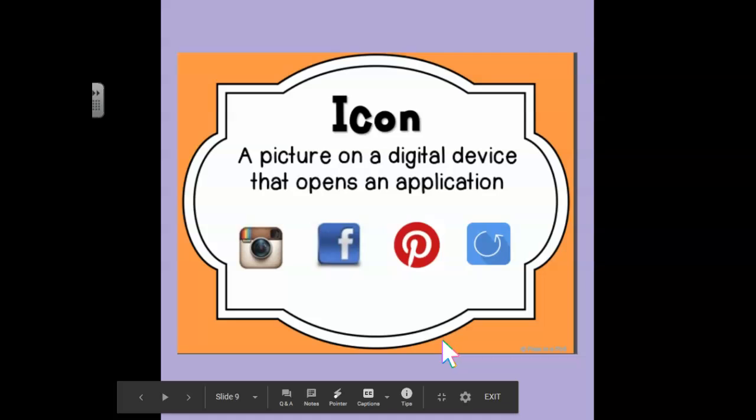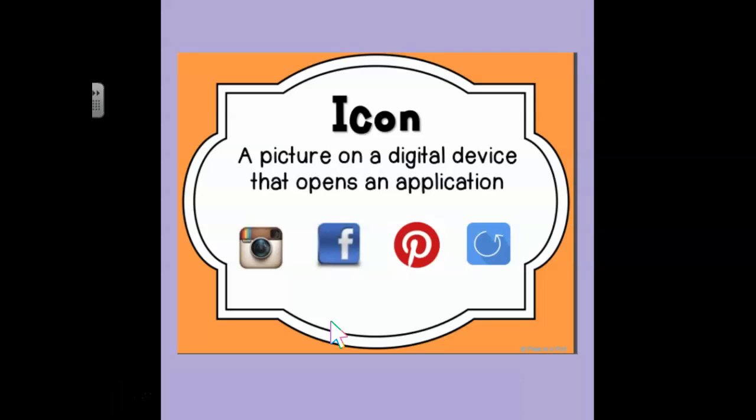All right, last time, if you were able to hear me, we were talking about some digital text features. A lot of times nowadays when we want to learn information, we may get on our phones, our tablets, we may look on our computers, Chromebooks, laptops, any of these technology ways of finding information.